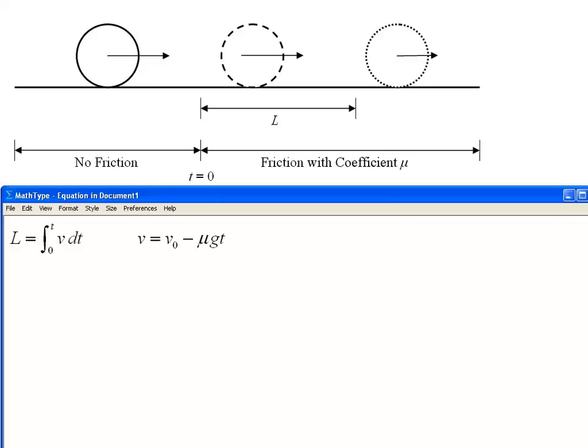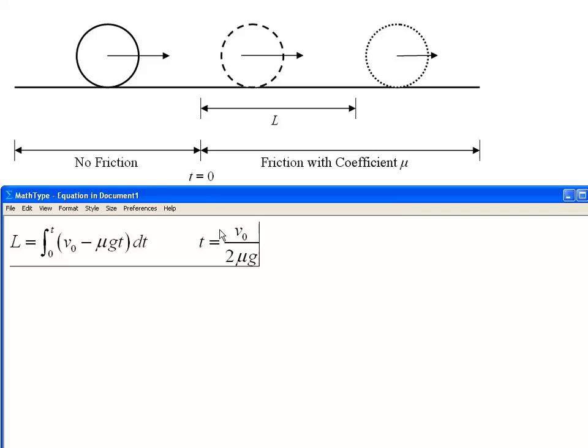Now we've already derived a formula for our velocity, so we can simply substitute this into our integral. We've also derived an expression for the amount of time it will take, we can substitute this into our limits of integration.